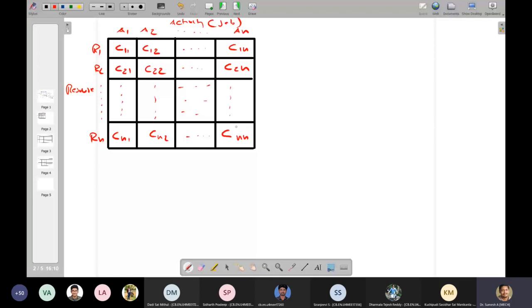Consider one row or one column, the number of elements in that row will be equal to the number of cells in it. There is no restriction that it has to be assigned only one or two or three across the cells available in that particular row or column.